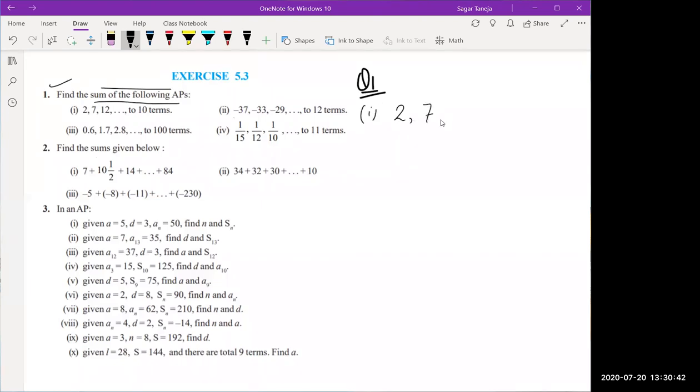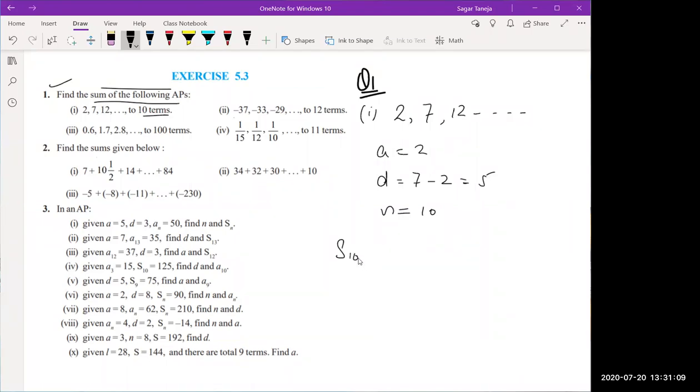This AP is given, and there are how many terms in the AP? It is written 10 terms. So a is given 2, d is given 7 minus 2, which is 5, and number of terms are given 10 terms. So these all things are given. We have to calculate the sum. So how many terms are there? 10 terms are there. So we have to calculate the sum of 10 terms.